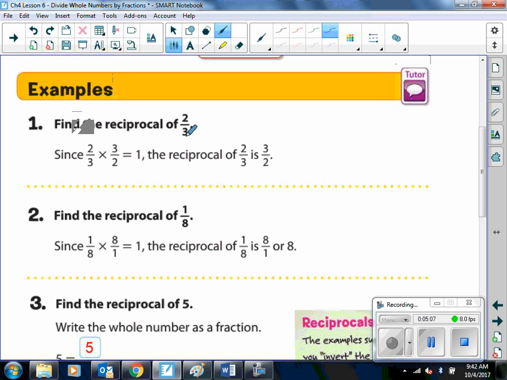We want to find the reciprocal of 2/3. Since 2/3 times 3 over 1 is 1, then the reciprocal of 2/3 is 3/2. Same thing with the reciprocal of 1/8. Since 1/8 times 8 over 1 gives me 1, that means 1/8 and 8 over 1, or just 8, are reciprocals. You got it?